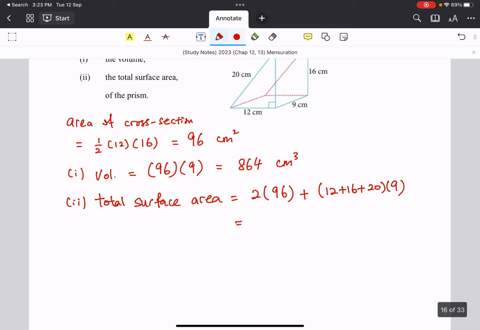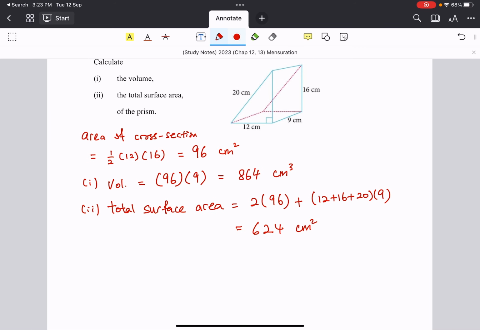If you work this out, it's going to be 624 square centimeters. And that's how we find the volume and total surface area of a prism.